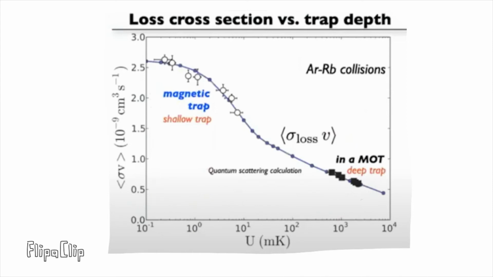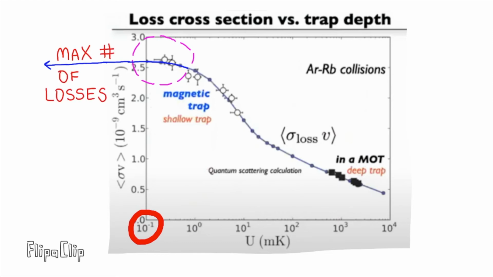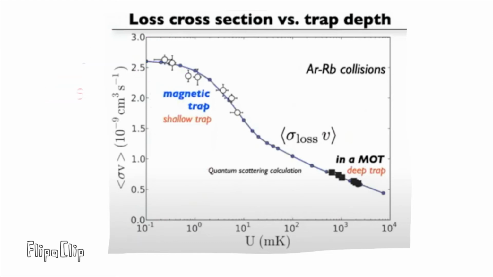Let's take a look at this curve. As we move further to the left, you'll see that this curve kind of flattens out, and this tells us that below a depth, or minimum energy, of 100 microkelvin, every single collision generates enough energy to escape the trap. And that's pretty much the maximum number of losses we can get.